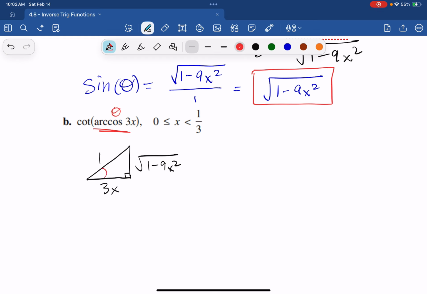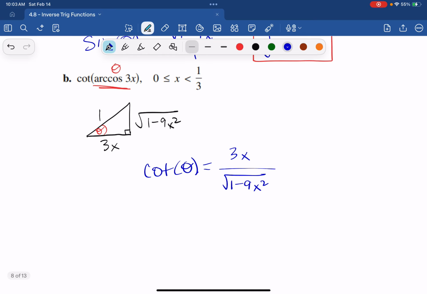So since theta is in the corner, well, tangent is opposite over adjacent. Cotangent is the reciprocal, so cotangent is going to be adjacent over opposite. So cotangent of theta is going to be adjacent over opposite. All right, now you could stop there.